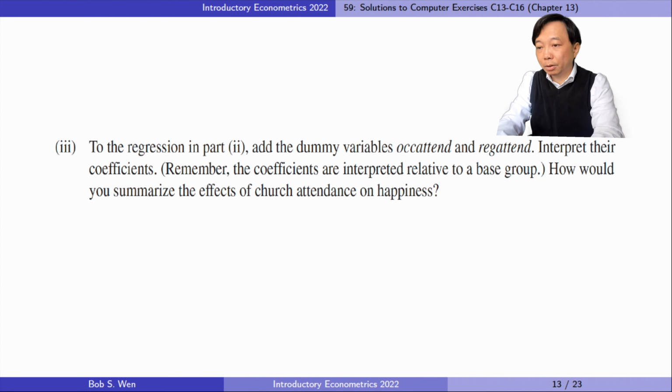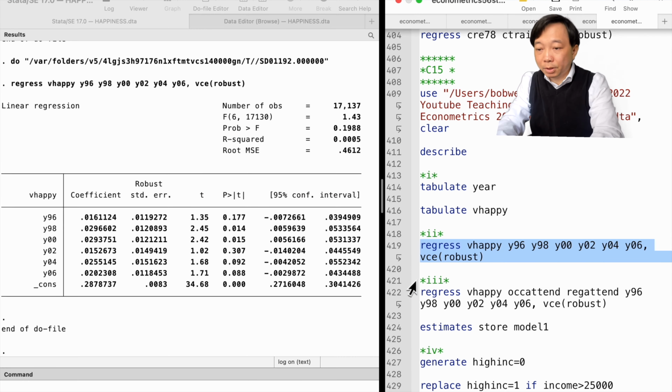In part 3, we add 2 additional dummy variables to the model. Interpret their coefficients. How would we summarize the effects of church attendance on happiness? It is a linear probability model.